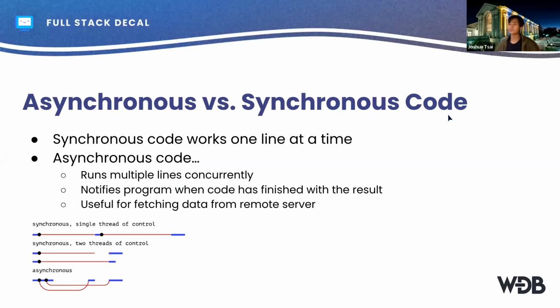So first off, what is asynchronous versus synchronous code in JavaScript? Synchronous code is something that we have seen previously with our JavaScript code. It basically is the concept that you write your code, and you expect your code to run one line at a time.